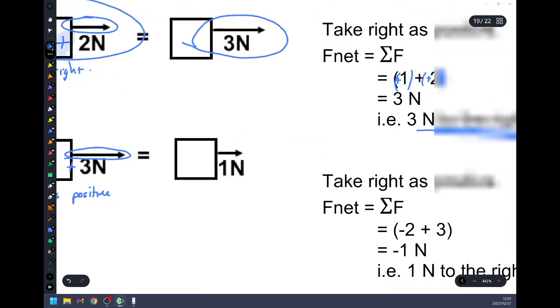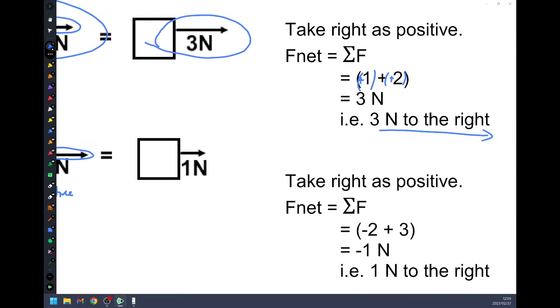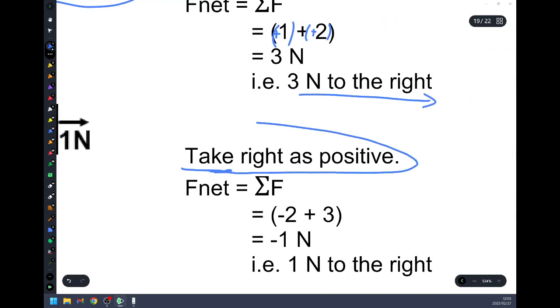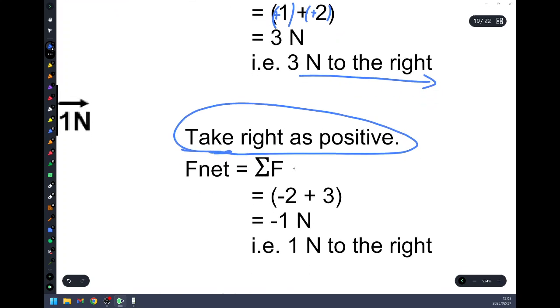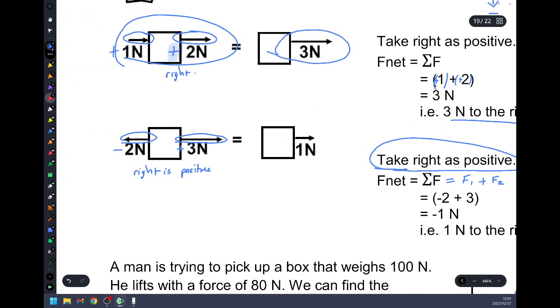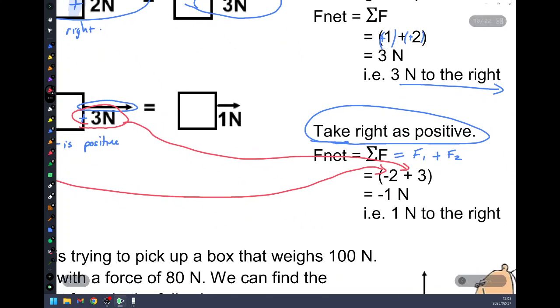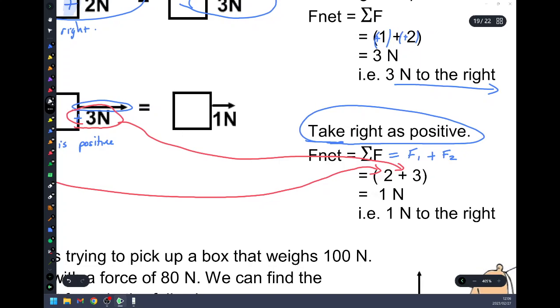Okay, so when we substitute them in, as we're taking right as positive, we put F net, and this is the same as saying just F1 plus F2, and so that negative 2 force is substituted as a negative 2. The positive 3 force is substituted as a positive 3. And so we add the two together. Negative 2 plus 3 means that we're going to get a positive 1. And that positive 1 then is to the right.